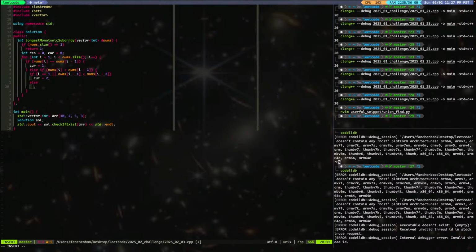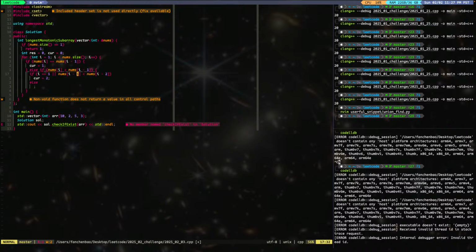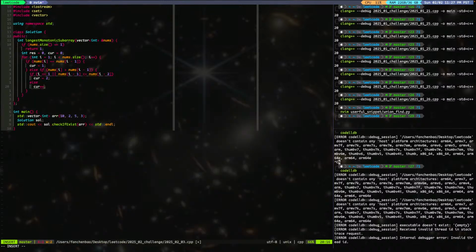Else, if not, which means the i minus 1 is larger. Ooh, hold on a second. It could be equal, right? So other than that, then it's strictly increasing. Then current just plus plus. We add to the current, right?